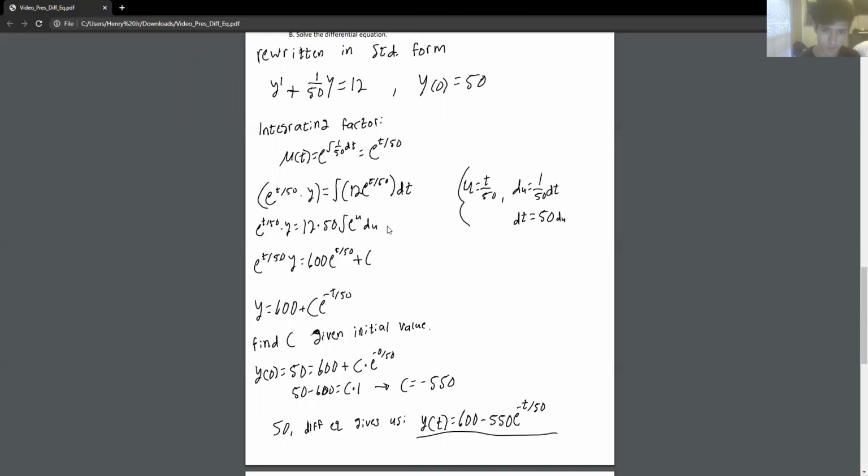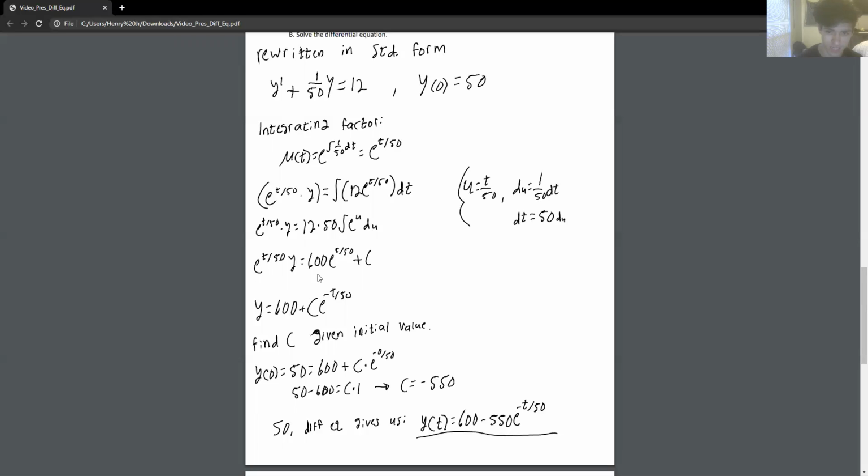So we take the coefficients outside of the integral, and that leaves us with 12 times 50 times the integral of e to the u. The integral of e to the u is itself. So, multiplying the numbers, solving the integral, and plugging back in gives us 600 times e to the t over 50 plus c.